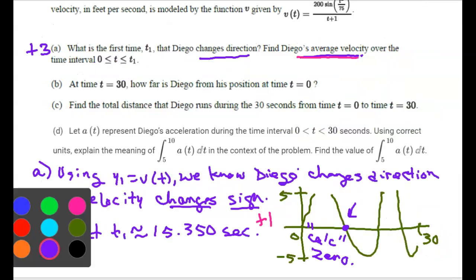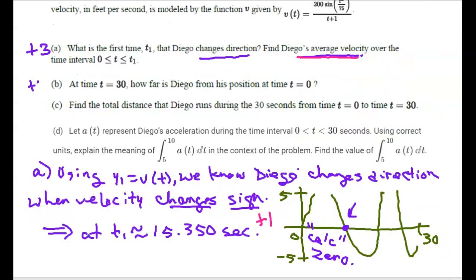Each of the remaining portions of this problem are 2-point portions. And I'll show you where you can earn those 2 points. Read carefully part B. At a time of t equals 30, how far is Diego from his position at time t equals 0? How far is he from his initial position?